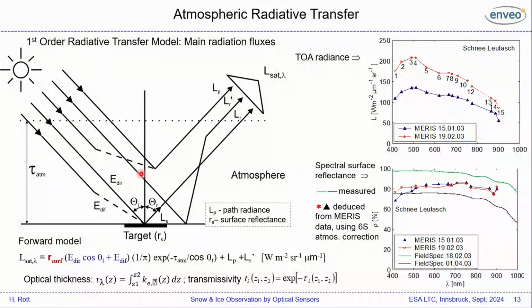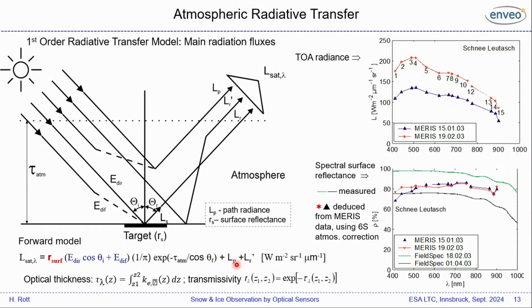And then we have reflected radiance, directly and diffuse, with multiple scattering to the sensor. These are the main three components. And this is an equation for the surface components. As I mentioned, it's the irradiance, and then you have the losses of the radiance, exponents of the atmospheric optical thickness.